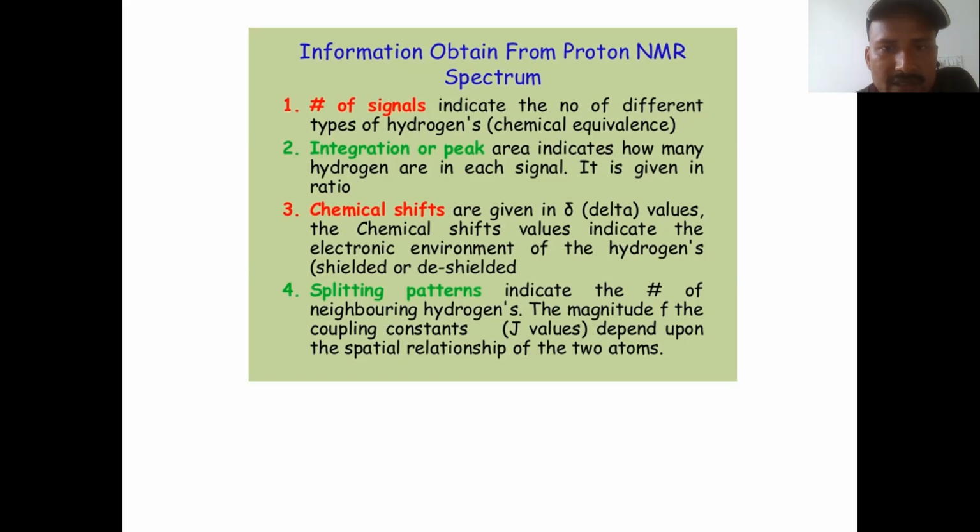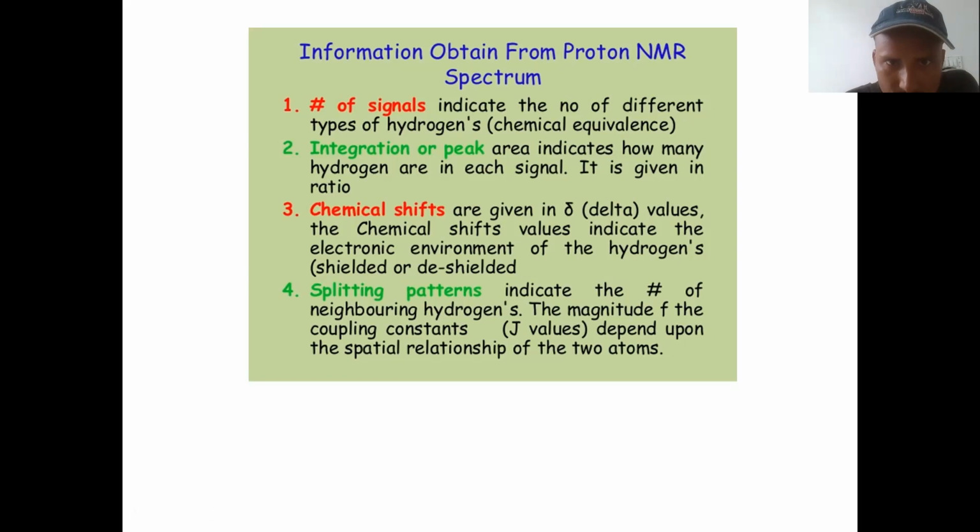Next we'll talk about chemical shift. It is represented by delta values. The chemical shift values indicate the electronic environment of the hydrogen. They are either shielded or deshielded. Shielded means that due to the presence of electron-releasing groups they become shielded, while electron-withdrawing groups cause deshielding.